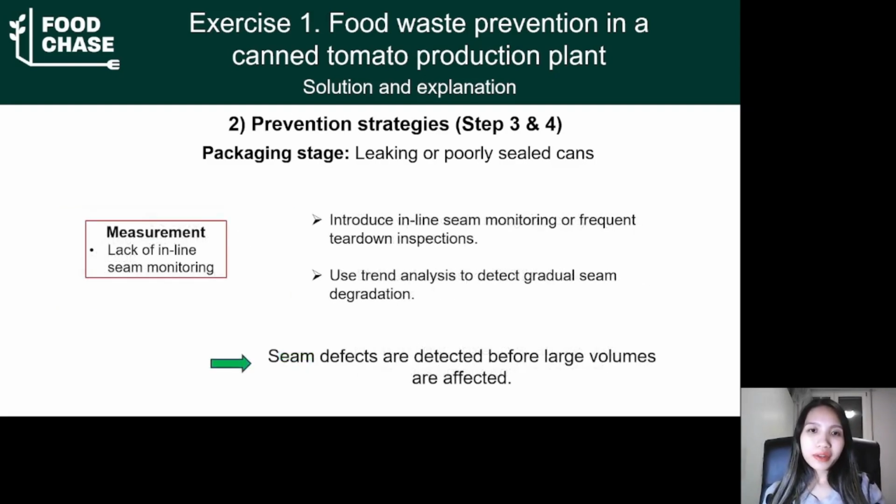For the measurement, we can introduce inline seam monitoring or frequent teardown inspection, or use trend analysis to detect gradual seam degradation. In this way, seam defects are detected before large volumes are affected.